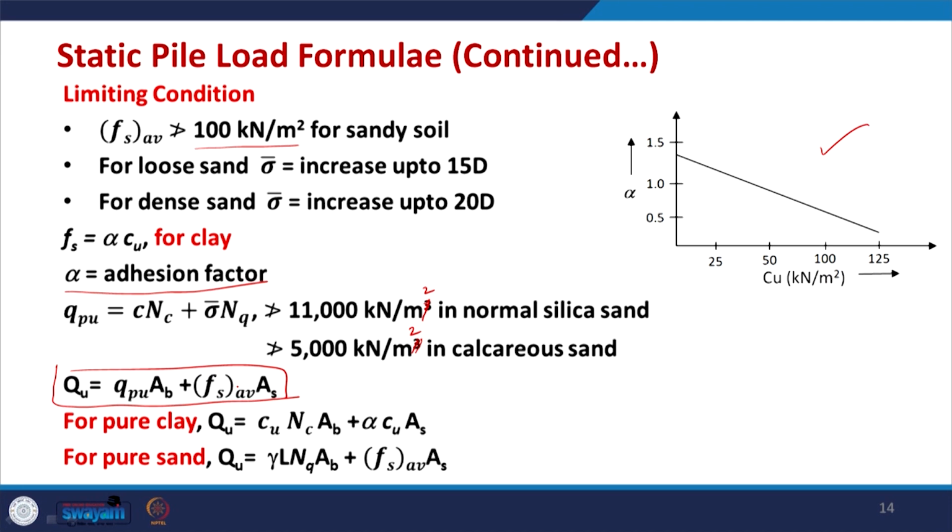For pure clay, this equation turns to Q equal to Cu NC AB plus alpha Cu AS. For pure sand, it is here: Fs average, and this will be simply gamma l n NQ. So using these two equations, you can find the ultimate load carrying capacity for sand as well as for clay. So this was about the static pile formula.